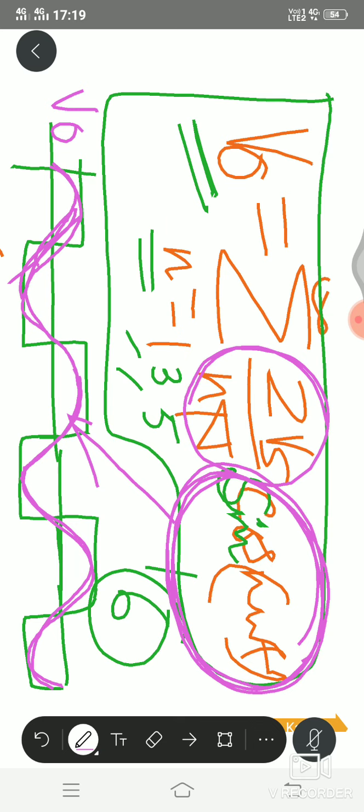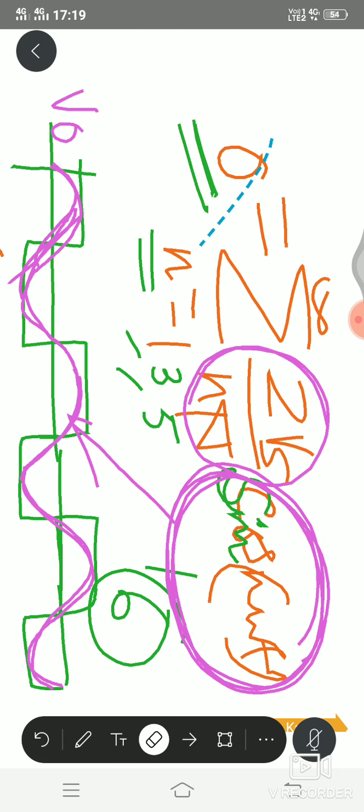Now if you are taking an RL load, what will be the changes?